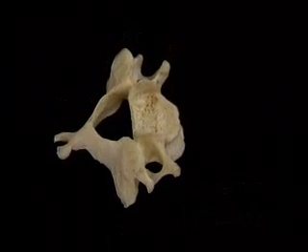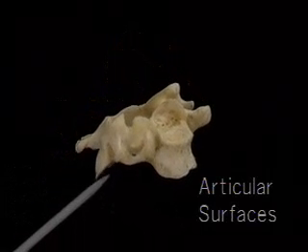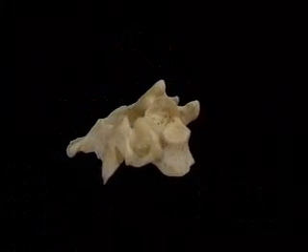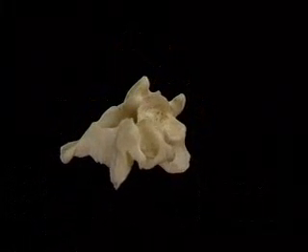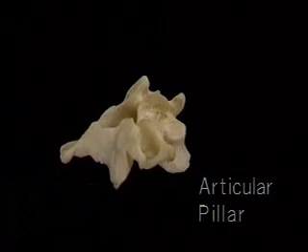On each side there are 2 articular surfaces, one above and one below, which form the intervertebral joints. The articular surfaces slope upward and forward. They're connected by this mass of bone, the articular pillar.